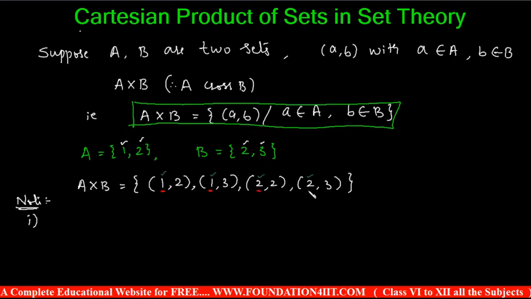In any ordered pair of A cross B, the first coordinate belongs to A, and the second one belongs to B. If you notice, all these first elements belong to the first coordinate. That is the first case.